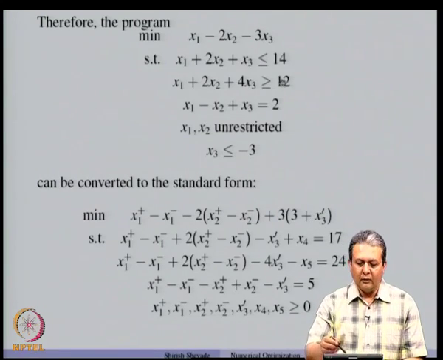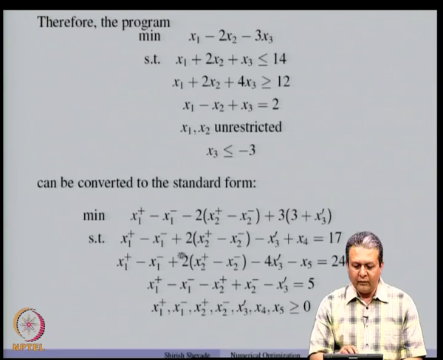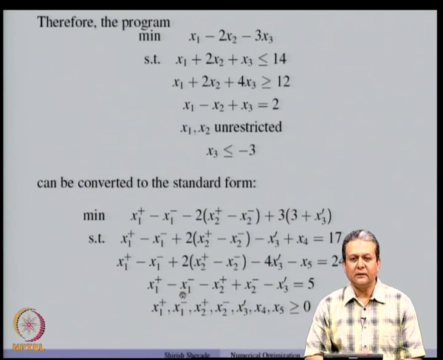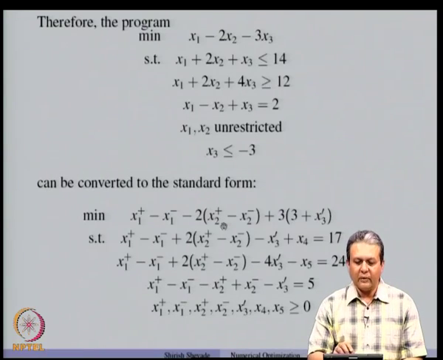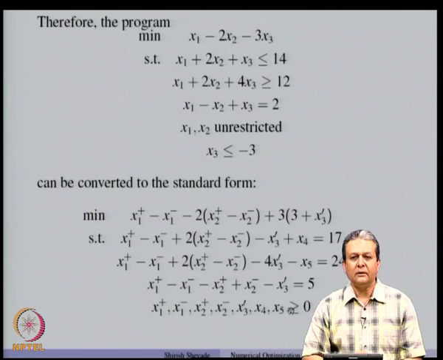So, one can verify that the given linear program now can be written in terms of the newly defined variables, and more importantly, all the constraints which are given here are equality constraints, and all the variables which the linear program uses are non-negative.